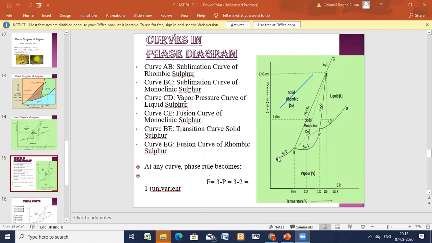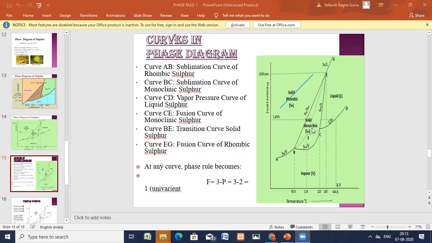All these are curves: AB curve, BC curve, CD curve, CE curve, EG curve, BE curve. Wherever you see, how many phases? Two phases. One is a solid, the other is vapor.